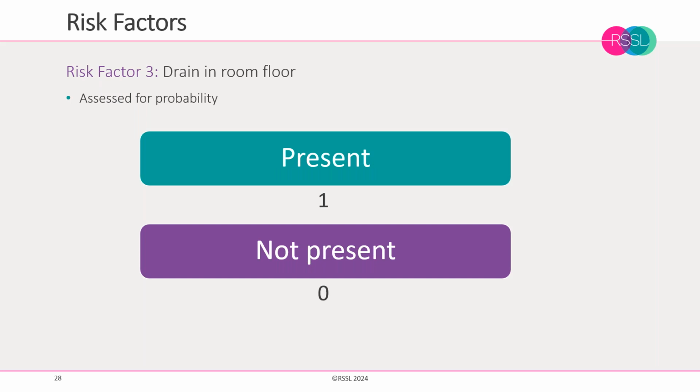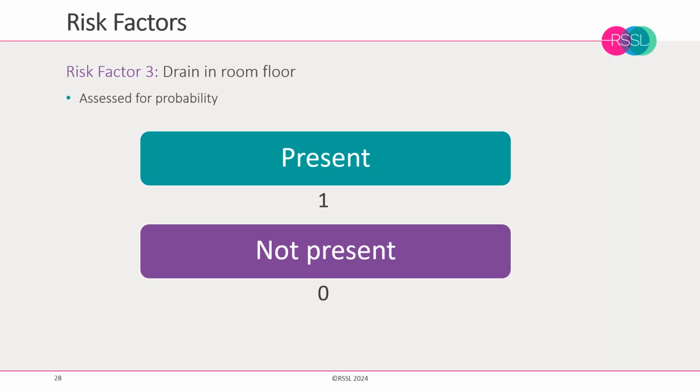The next risk factor that was examined was whether a room had a drain in it, because drains are quite difficult sometimes to control, particularly if they're damaged. If there's a risk of backflow, there's often a strong contamination build up around the drain, and then within the pipework below the drain, often we're going to get a biofilm forming.